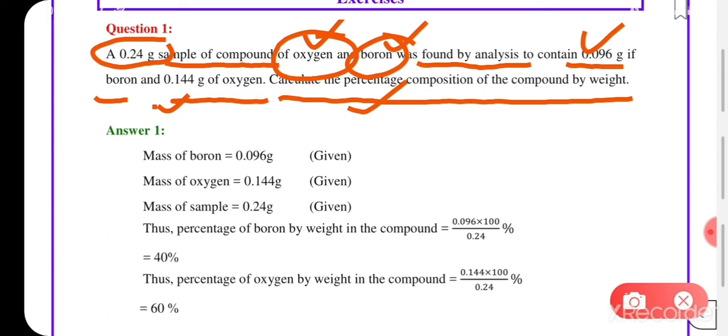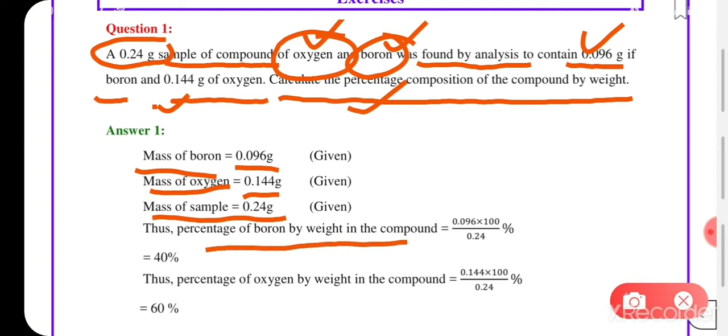Now let's see what we have to do. The boron mass is given, the mass for oxygen is given, and the mass of the sample, the total quantity, you also know. So the percentage of boron by weight in the compound will be the mass of boron divided by the total mass of the sample into 100.